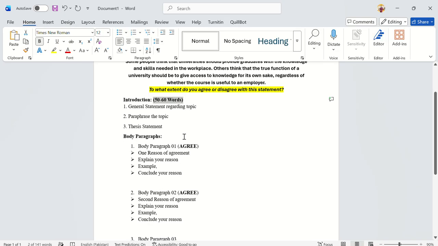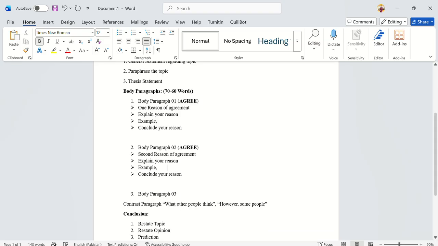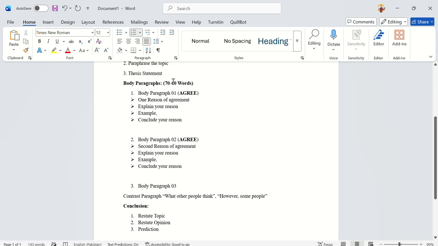As far as body paragraph 1 is concerned, again what you have to do, you have to write about 70 to 80 words.